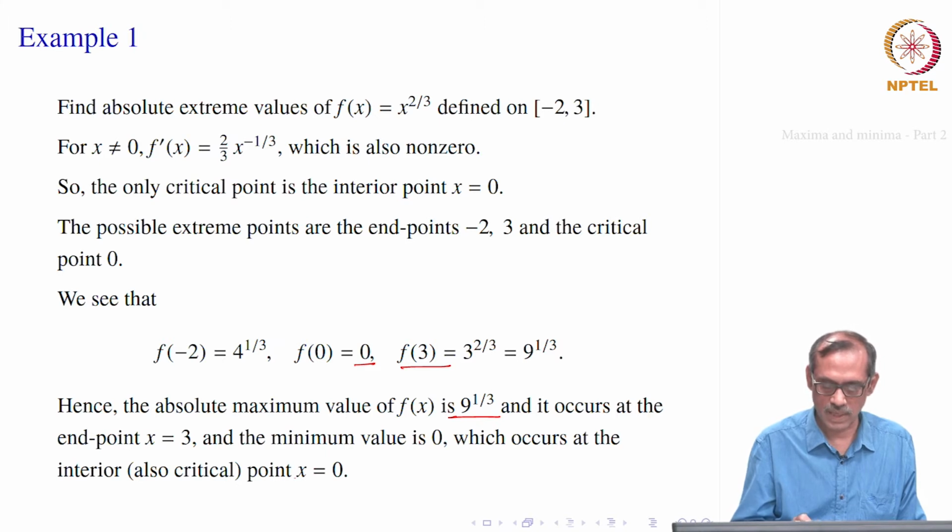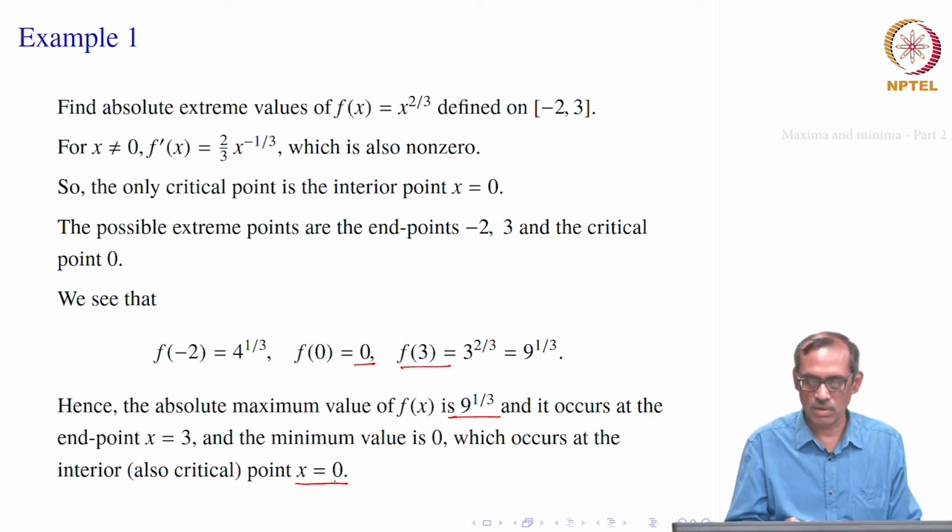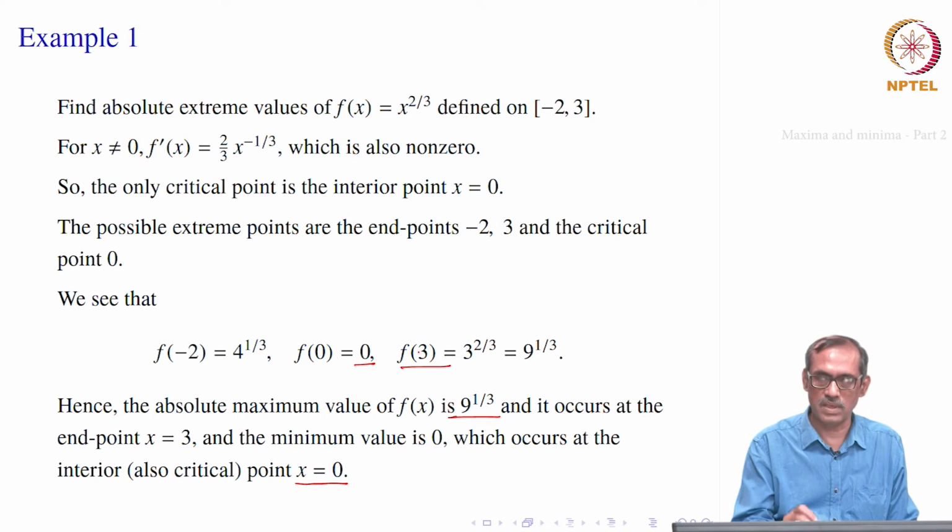So, that is also a critical point. Minimum is achieved at 0, maximum is achieved at 3. So, the point of absolute maximum is 3, the point of absolute minimum is 0, and the absolute maximum value is 9 to the power 1 by 3, and the absolute minimum value is f of 0, which is 0. That is what we conclude from this.